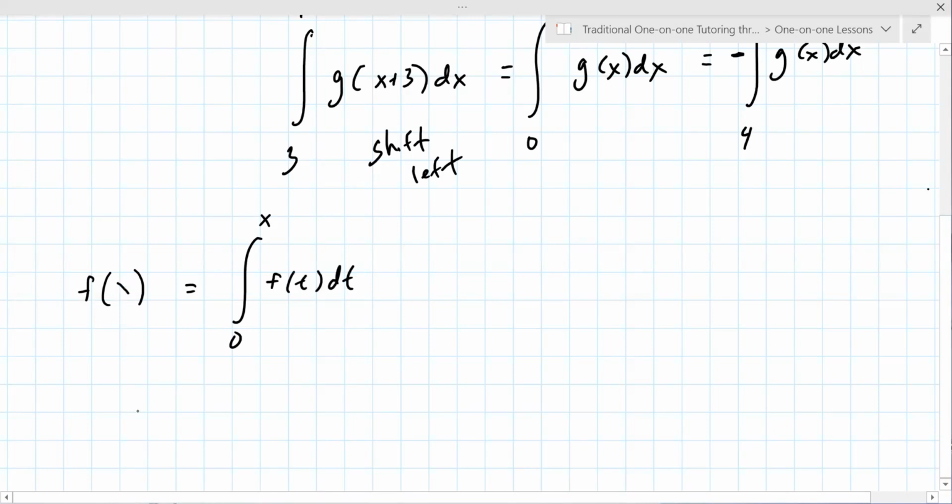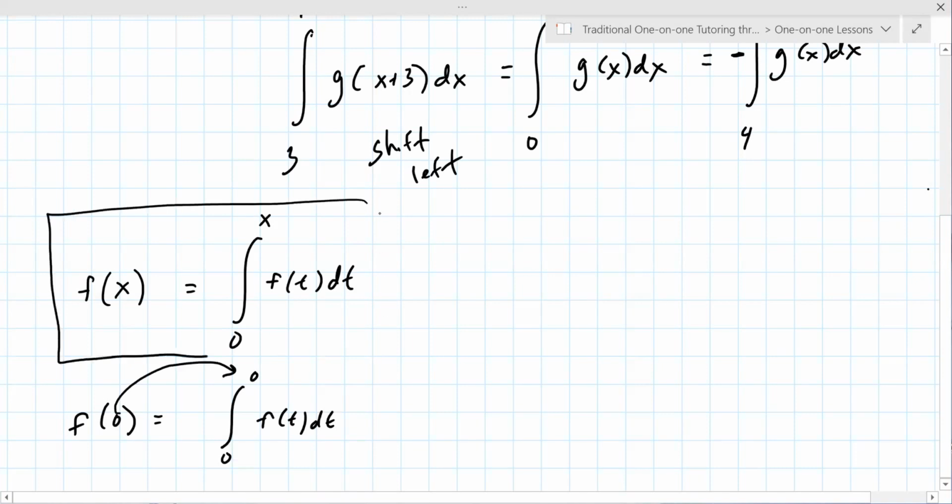So if I wanted to find f of 0, that's the integral from 0 to 0 of f of t dt. So that 0 goes there. This is like a given in the problem.